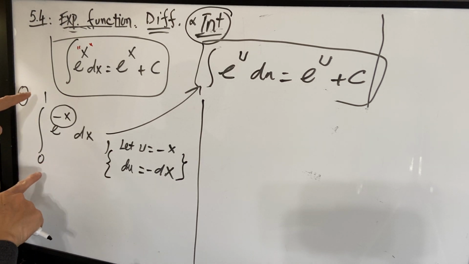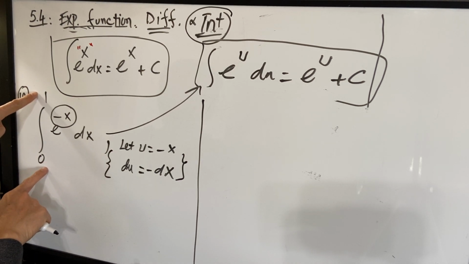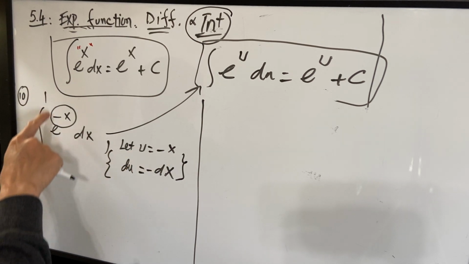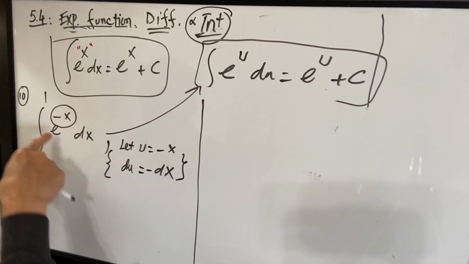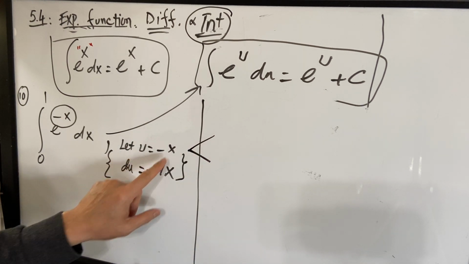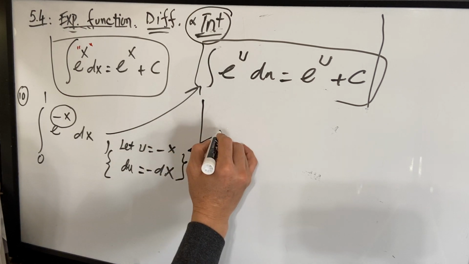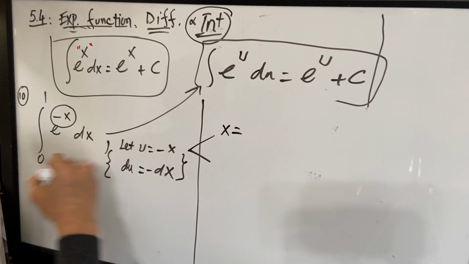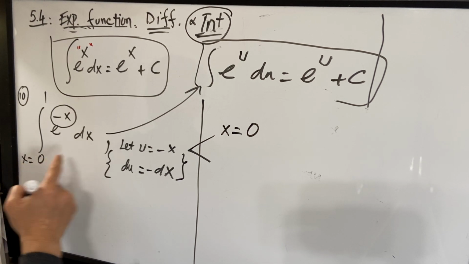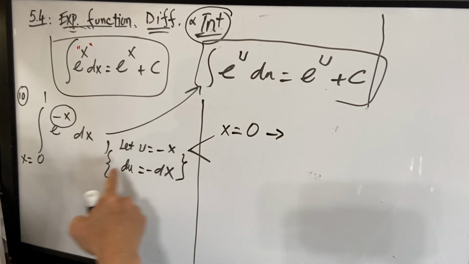Before I do that, I need to do one more thing. Watch out for the changing of variable. If I let u equal negative x, I need to also turn the x values into u values. I let u equal negative x. So the first point, when x is 0, what is u?